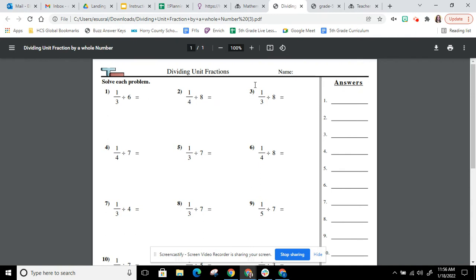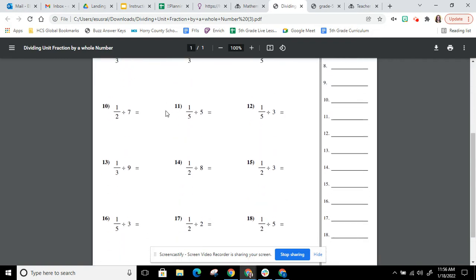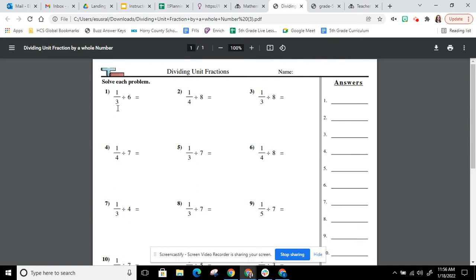Good thing is that within the lesson, it teaches you and shows you how to do this. It goes over many examples, as you could see when I was clicking through the lessons, to help you with this. So please make sure that you go through and you work on that lesson. You are completing all 18 of these where you're taking a fraction and you're dividing it by a whole number.